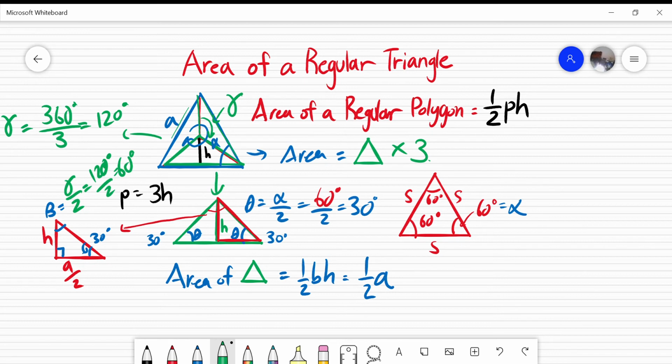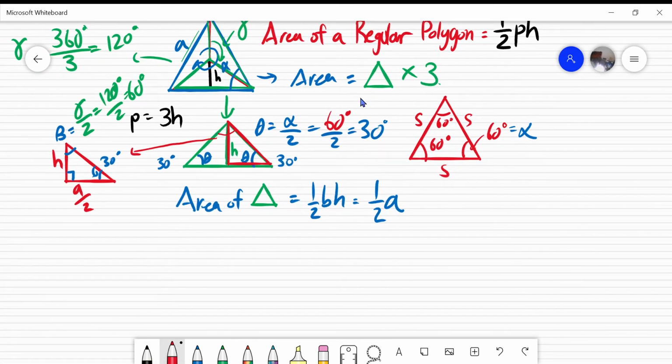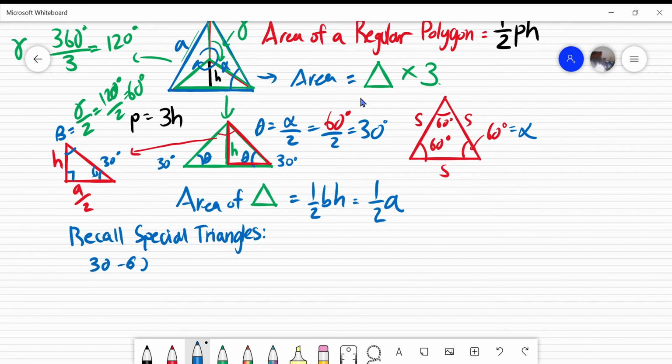Okay, now I've got everything we need. So if we recall the special right triangles, we will know that 30, 60, 90 is a special right triangle.